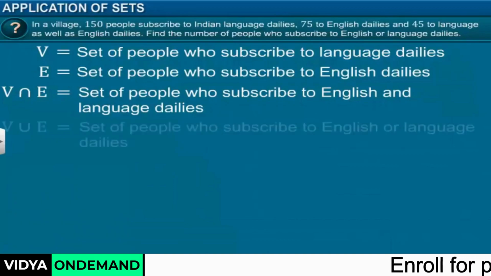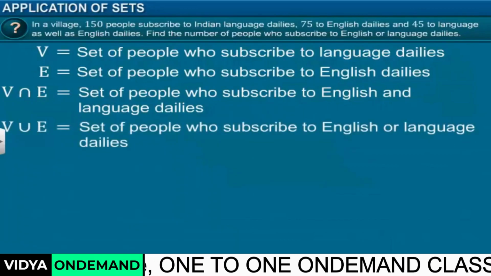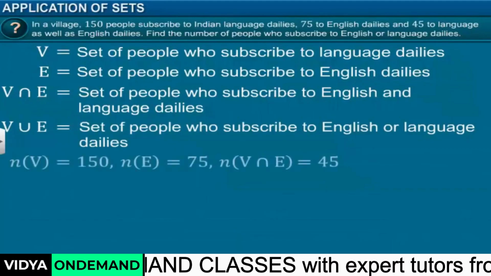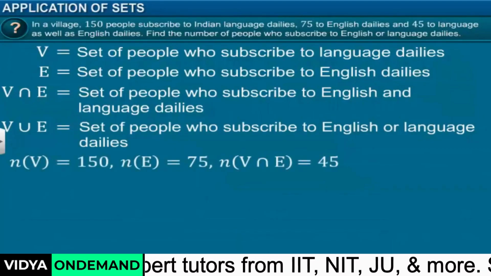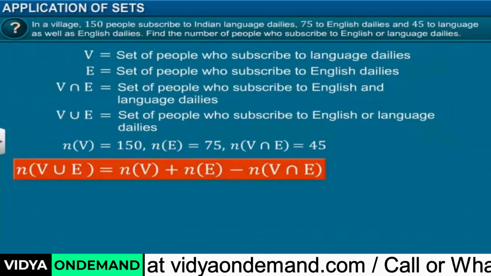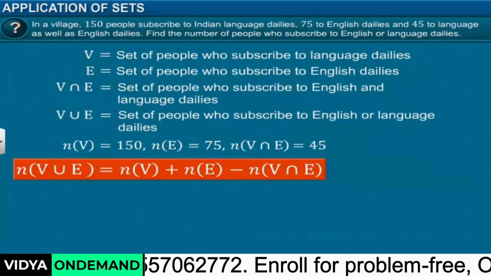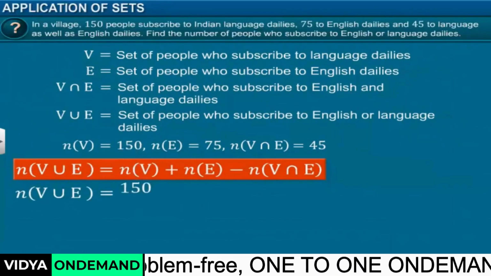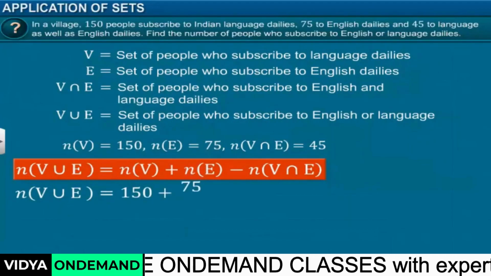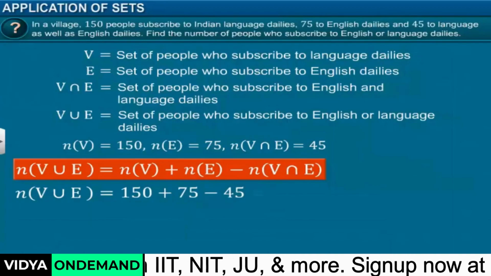We have to find the number of people who subscribe to either English or language dailies. The number of elements in each set is as shown. We will use this relation to find the number of people who subscribe either to English or language dailies. Substituting the values, we get the number of people who subscribe either to English or language dailies as 180.